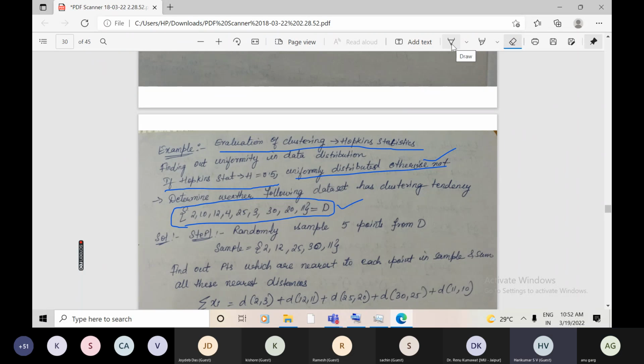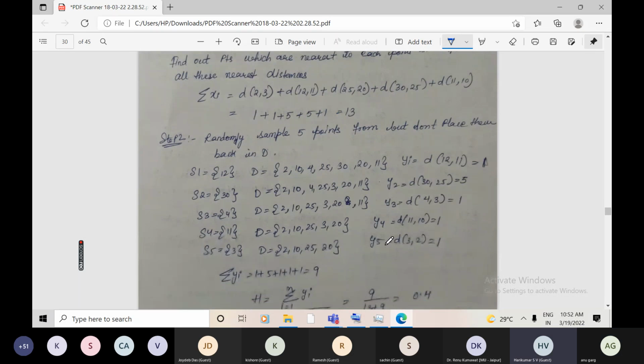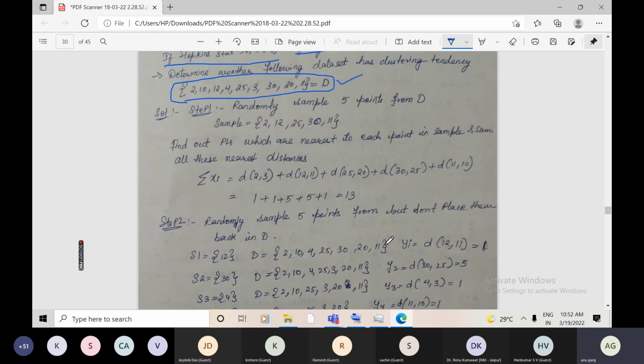If uniformly distributed, then it is not good for clustering. So the Hopkins value should be close to 0.5 in that case. So it's not good for clustering then? Yes. Okay.